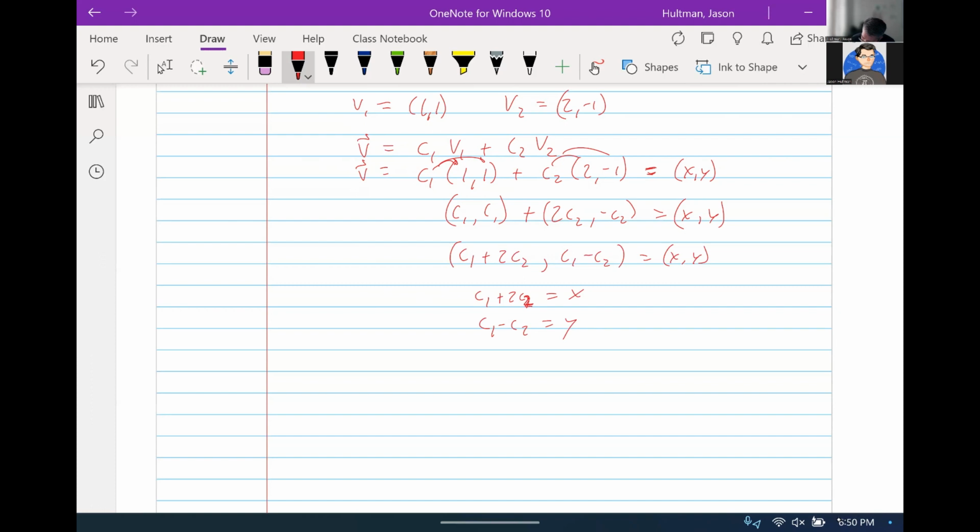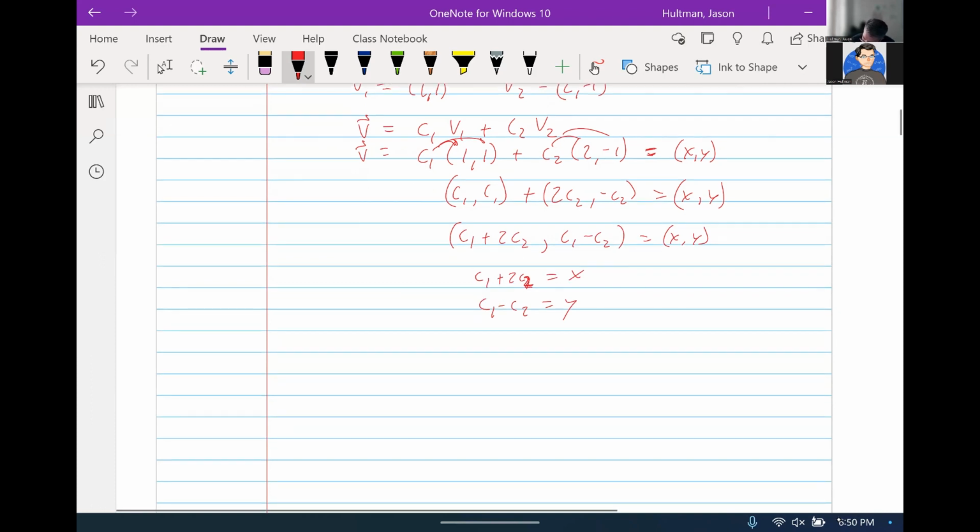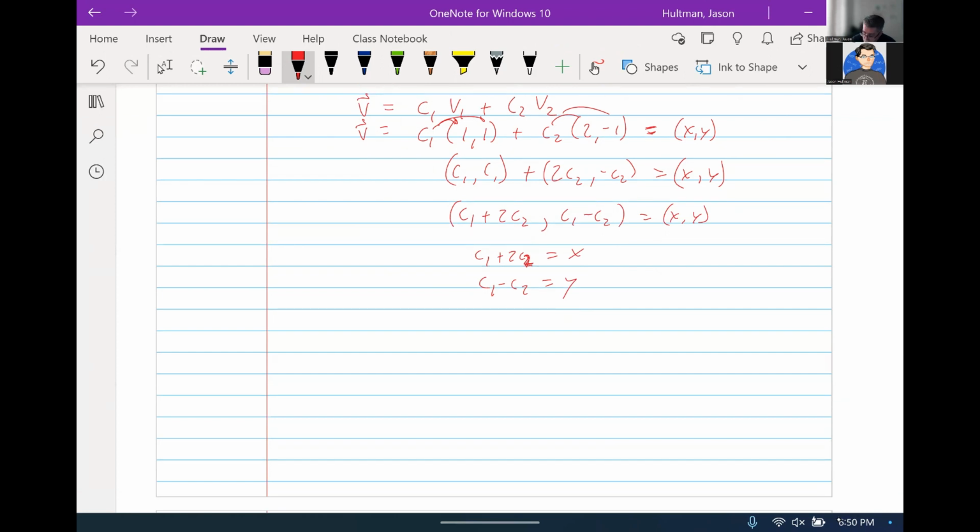And so I'm going to translate this into a matrix. I've got a coefficient matrix. That would be [1, 2; 1, -1], my matrix.